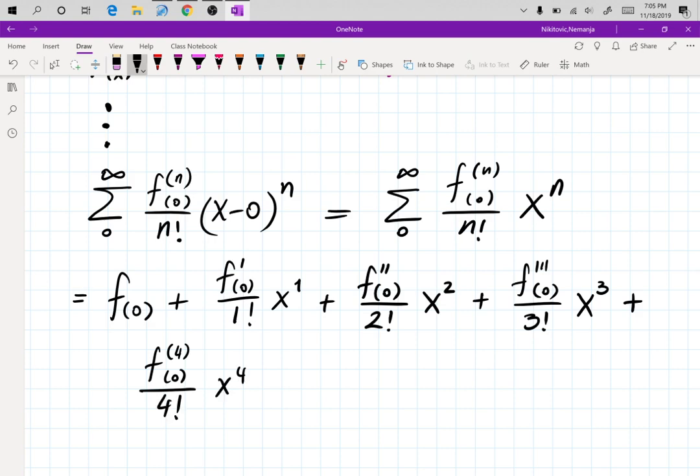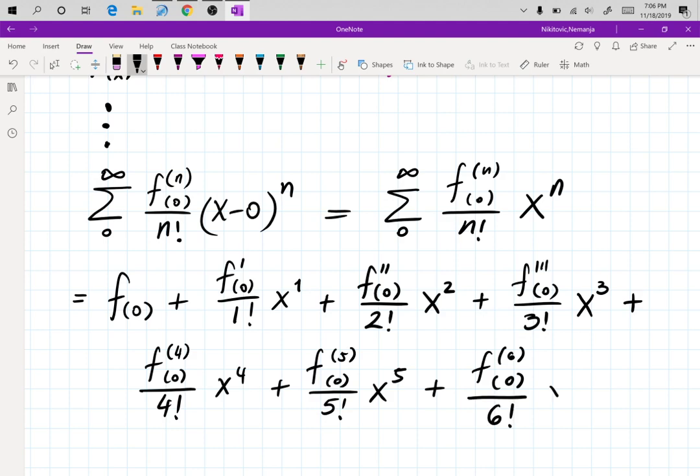I have 2 more. Fifth derivative of f computed at 0 divided by 5 factorial times x to the 5. Plus sixth derivative computed at 0 divided by 6 factorial x to the 6. Plus dot, dot, dot, it's an infinite polynomial.